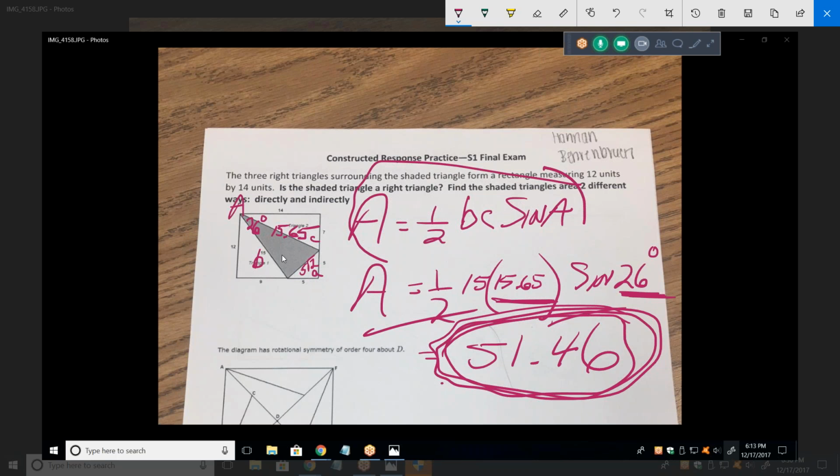Another direct method is to use the three sides, which we know. They're 15, 15.65, and 5 root 2. Now, you have to know Hero's formula for that, and that's a relatively complicated formula. Let me write it real quick to see if you're familiar with it.